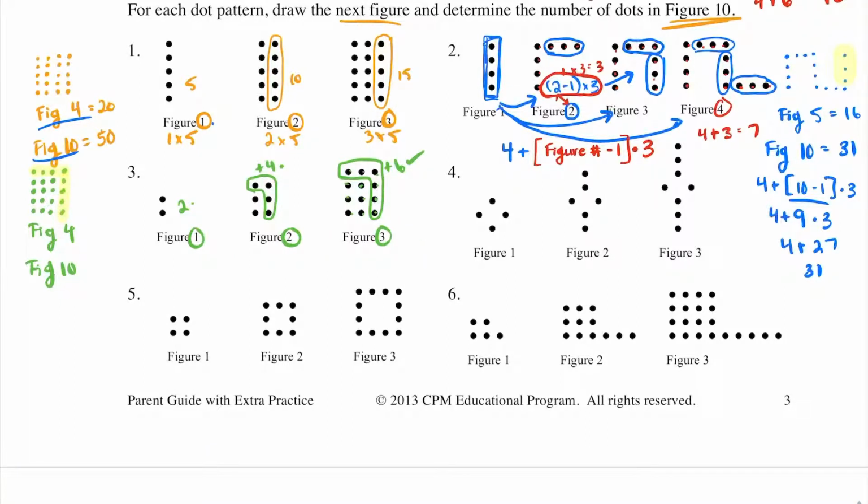So let's take a look at some of the things that we're noticing. Here in figure 1, I have 2. In figure 2, let's count the total number of dots. 1, 2, 3, 4, 5, 6. I have 6 dots. In figure 3, I have 1, 2, 3 by 4. That's 12.